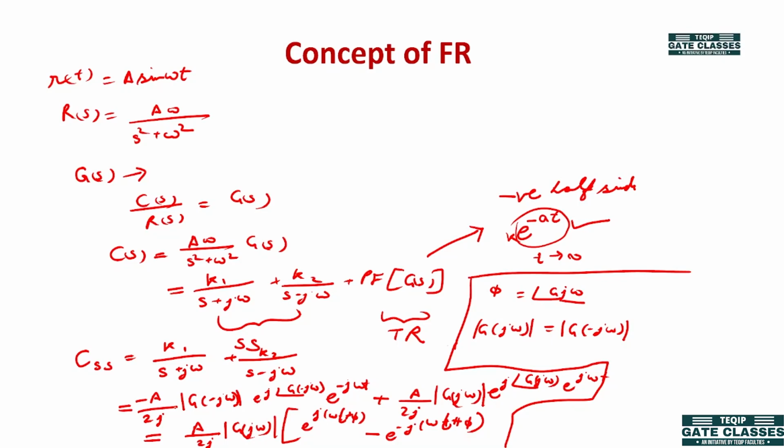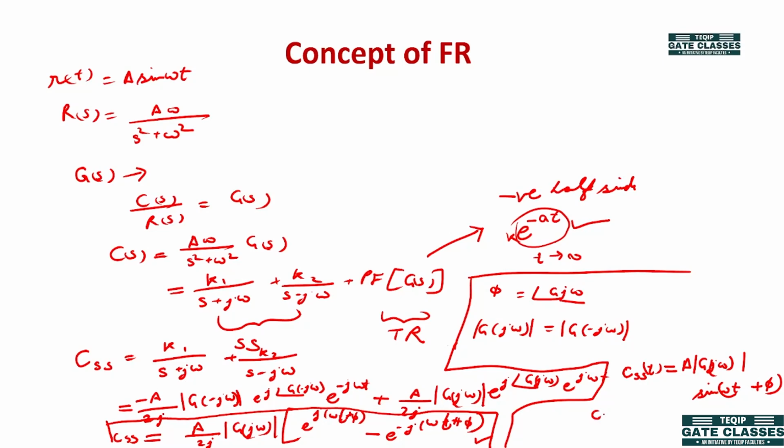When we take the inverse Laplace transform of this equation C_ss, we get c_ss(t) in the time domain equal to A into magnitude G(j omega) into sine(omega t plus phi), or you can write it as c_ss(t) is equal to B sine(omega t plus phi).